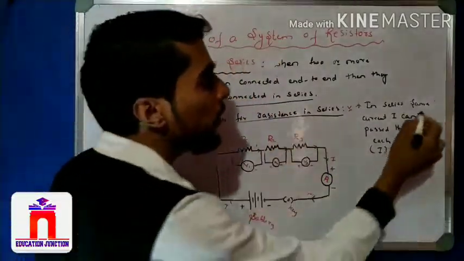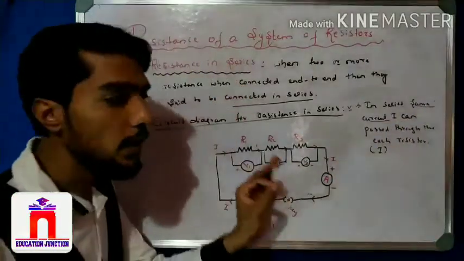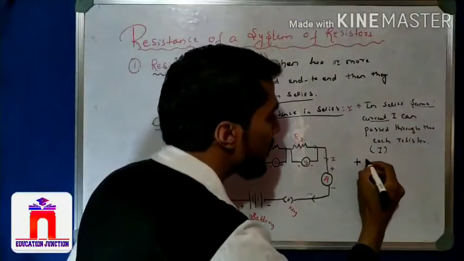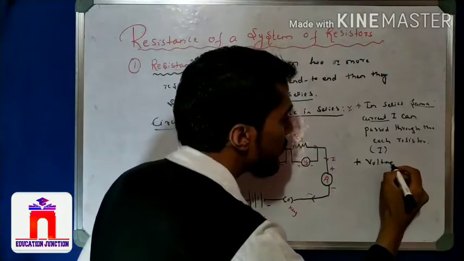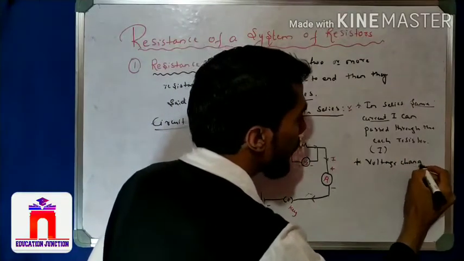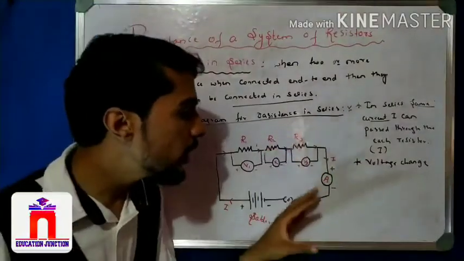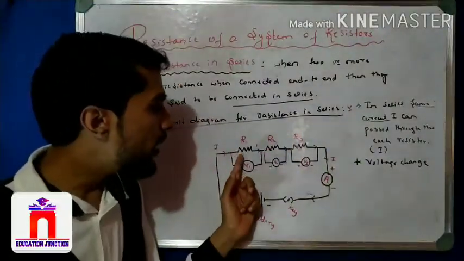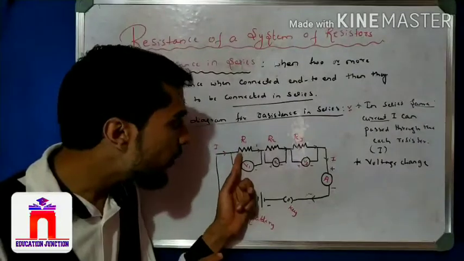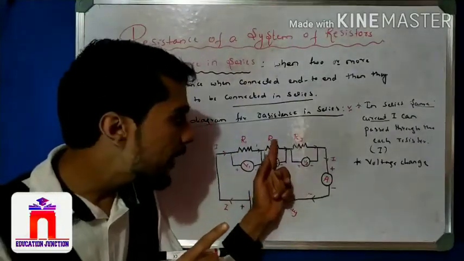In the series circuit, the current is what? Same. And what changes here? Voltage changes. You have to remember that. In the series circuit, the current is the same. The current that flows in R1, that same current flows in R2, and that same current flows in R3.